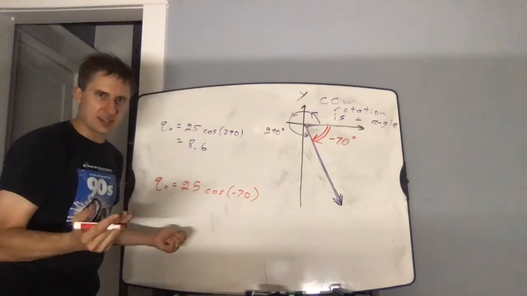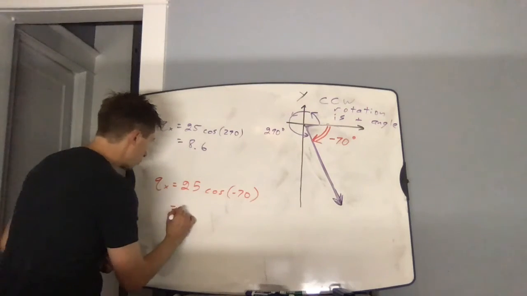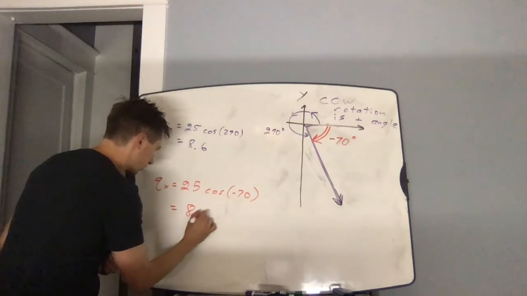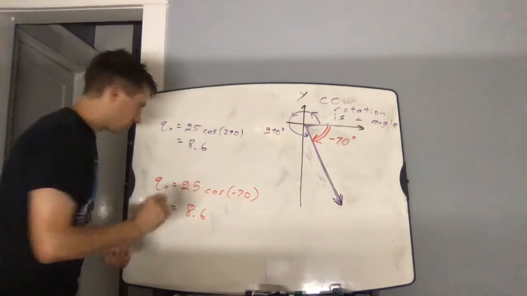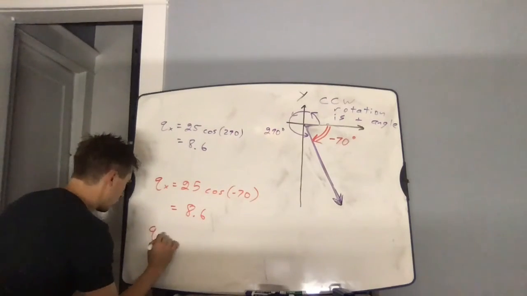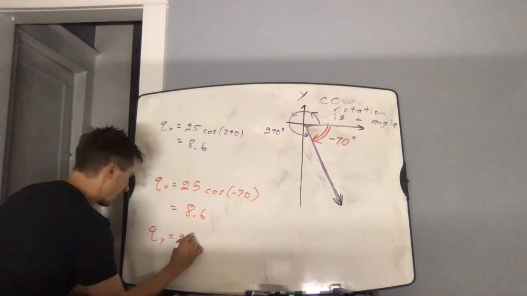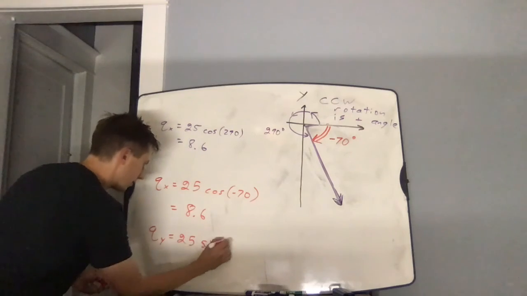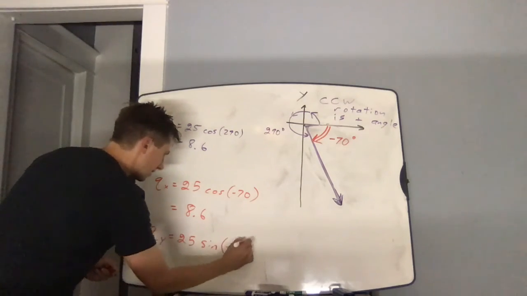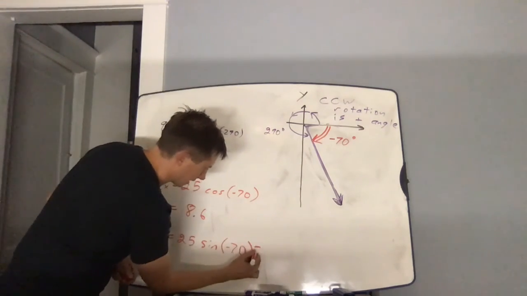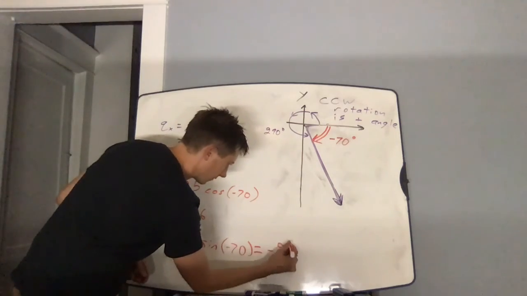And if you plug this in a calculator, you hit enter, you again will get 8.6. And similarly, you could write QY is equal to 25 sine of negative 70. And when you do that, you will get negative 23.5.